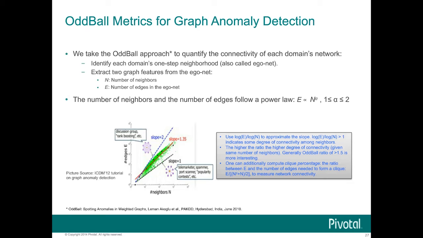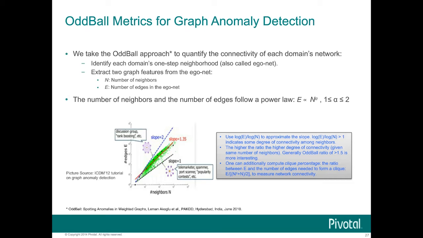The figure below shows the plot of log E versus log N. This is a linear plot where the slope corresponds to the value of alpha. If the slope is 1, that means the number of edges equals the number of neighbors.